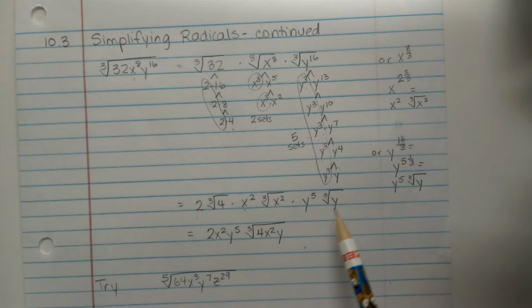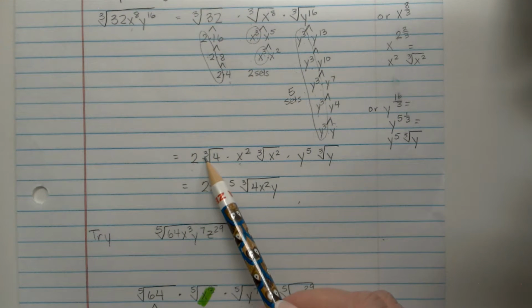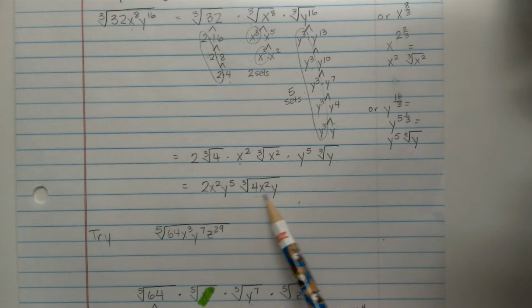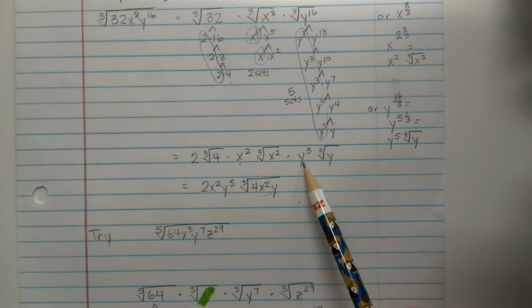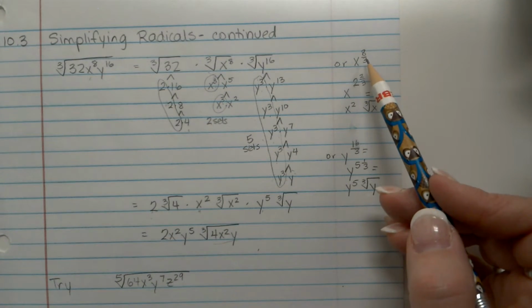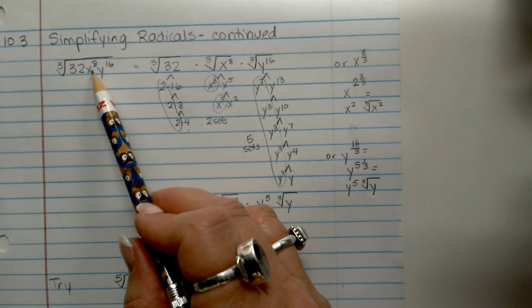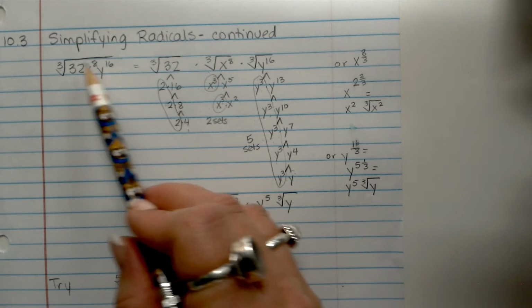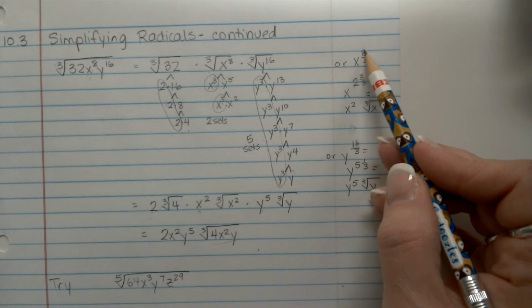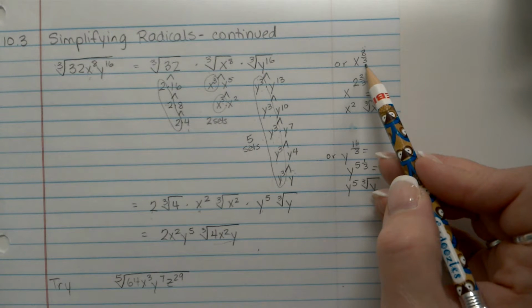Now, let's combine like terms. Since this is a cube root, and this is a cube root, and this is a cube root, we can put all of them under the same cube root. 2 is multiplied times x squared, which is multiplied by y to the 5th, so we just put all that part together. Now, if you want to think of it as a fractional exponent, you could do that. So this x to the 8th under the 3rd root is the same thing as saying x to the 8/3 power.